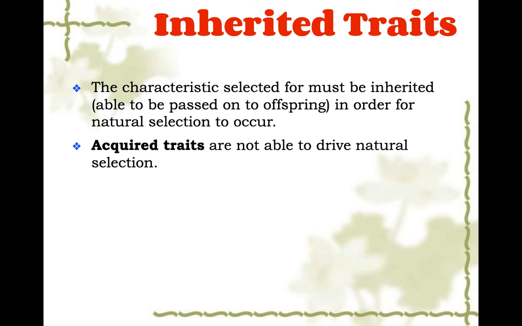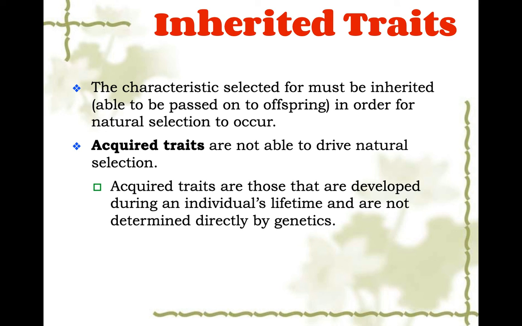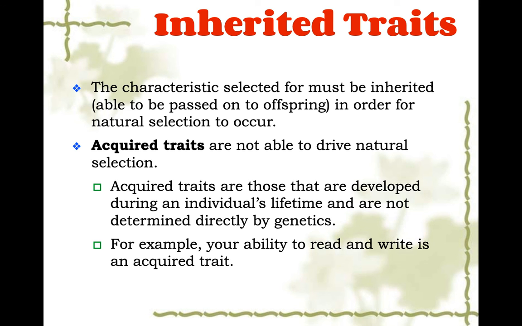Acquired traits are not able to drive natural selection. Acquired traits are those that are developed during an individual's lifetime and are not determined directly by genetics. So this is really anything that you learn after you're born, something you're not born with. For example, your ability to read and write is an acquired trait, and you can't pass that ability on to your children.